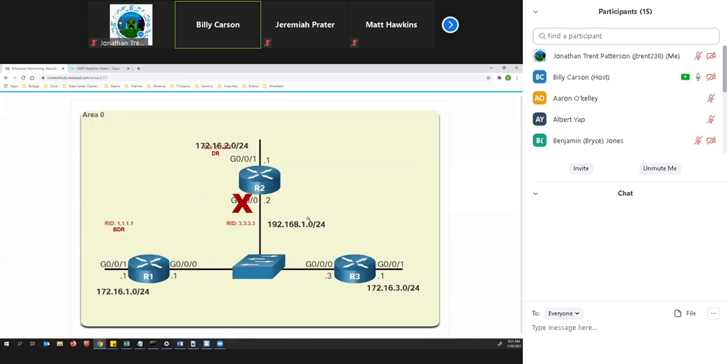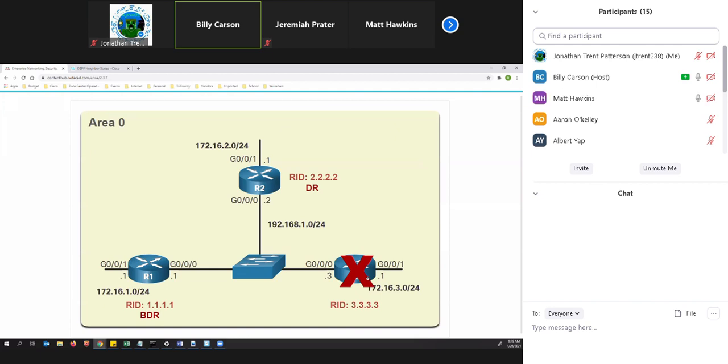Now in this example, who failed? Who just went offline? R3. R3 goes offline. He was the DR, right? So what's the purpose of the BDR? Redundancy. Yeah, redundancy. So now my DR went offline.